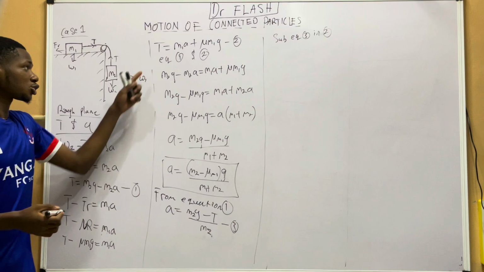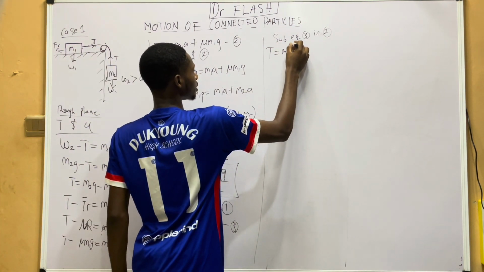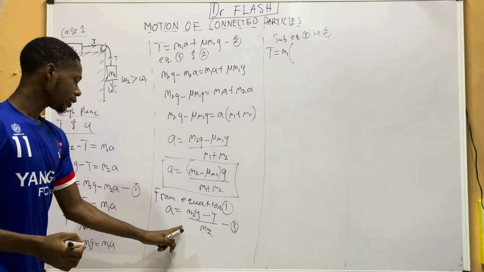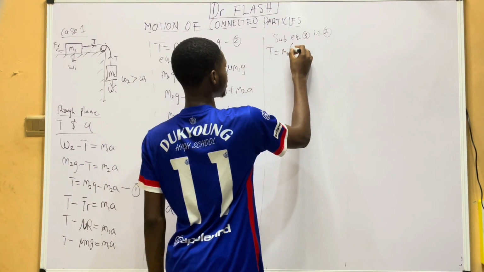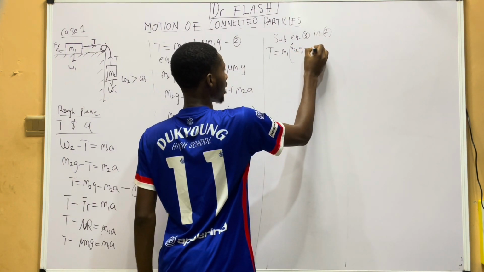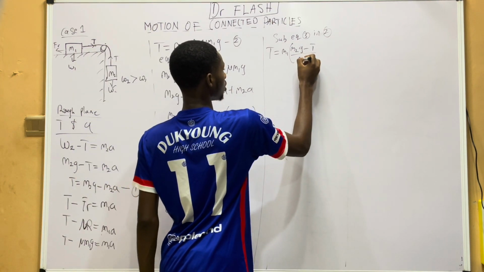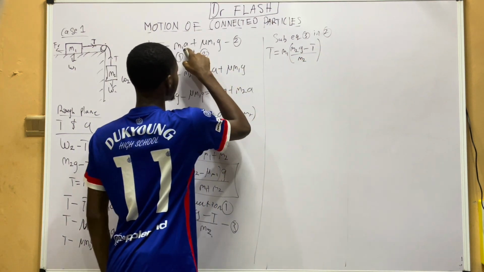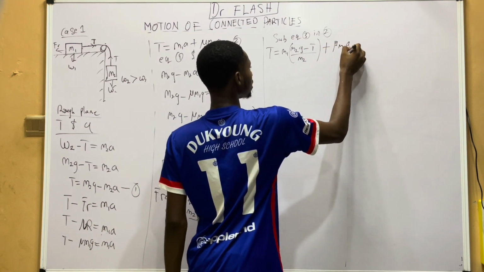And here is equation 2. We're going to have T is equal to m1 times what? a. a is simply m2g minus T over m2. So having m2g minus T divided by m2, that's for a here, plus mu m1g.